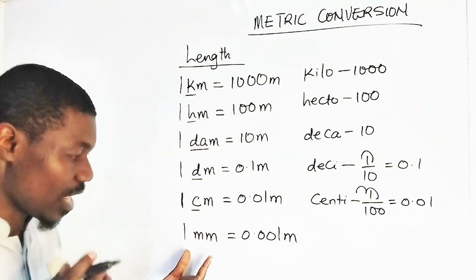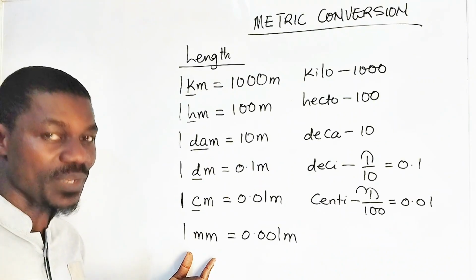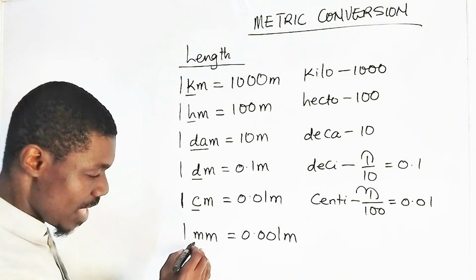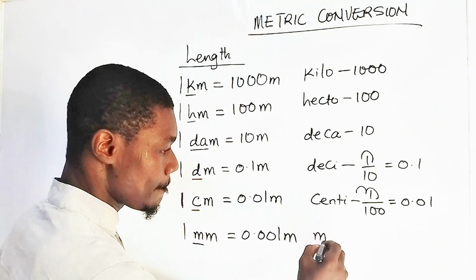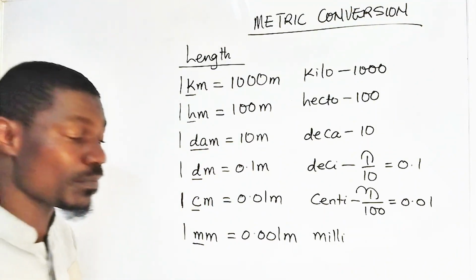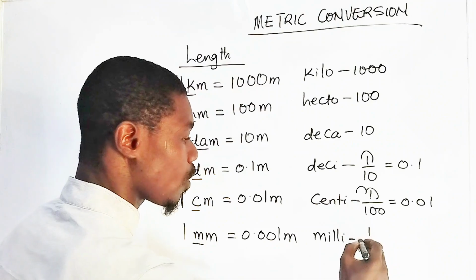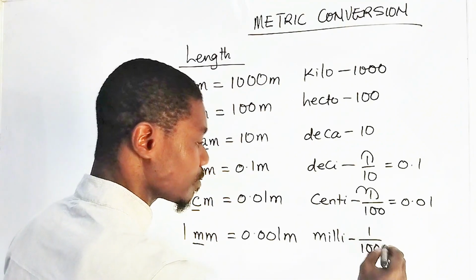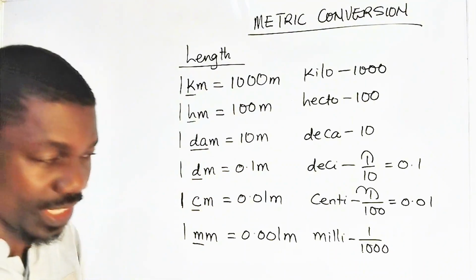All right, now here you have your millimeter. M here implies milli, and this milli here just tells you the value is 1 over 1000 of a meter.